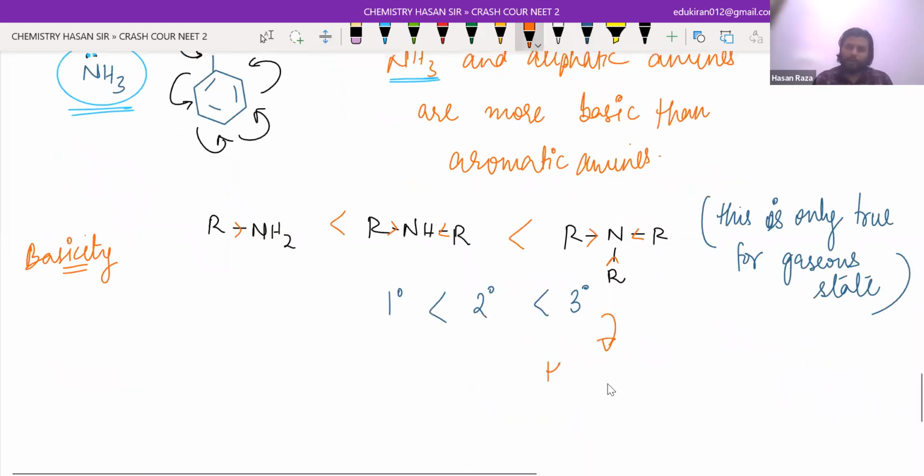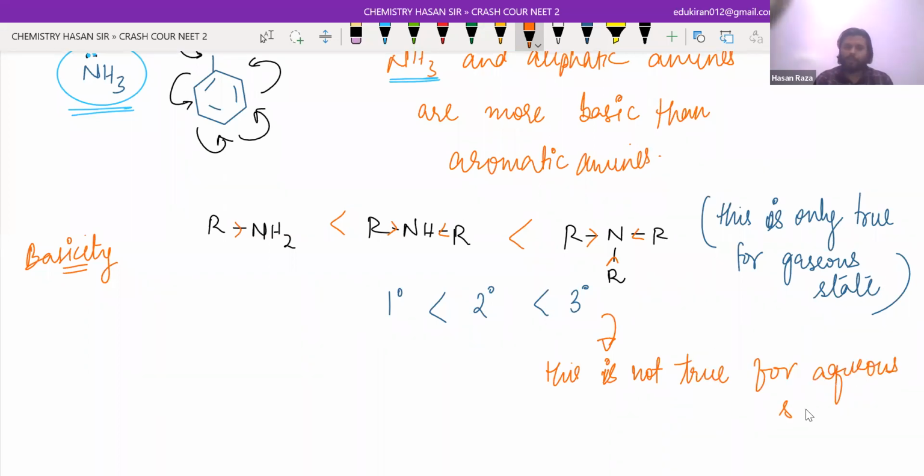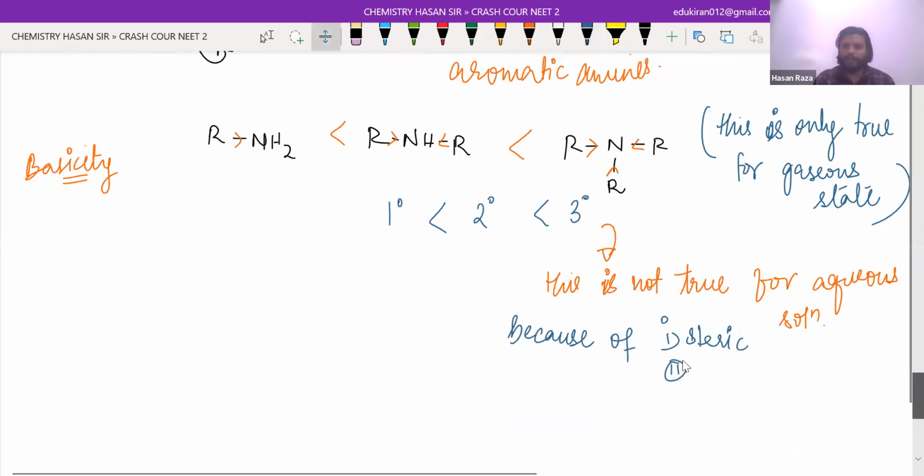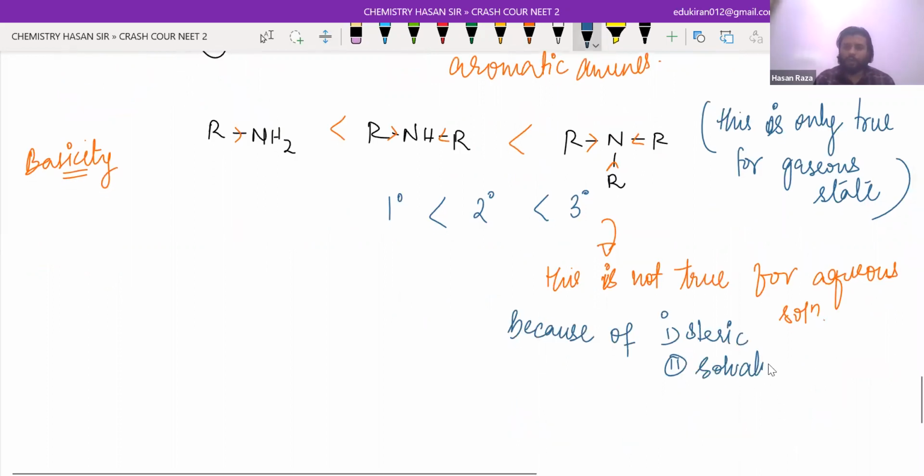This is not true for aqueous solution because of first steric hindrance. The second is solvation. Which one will be more soluble? Which one will be less soluble? The third one is inductive effect.